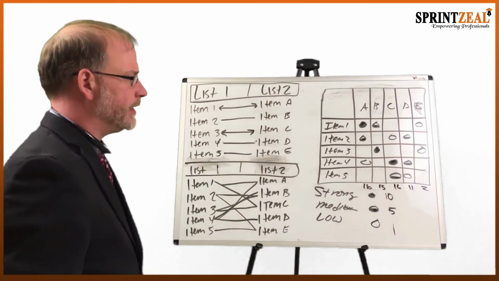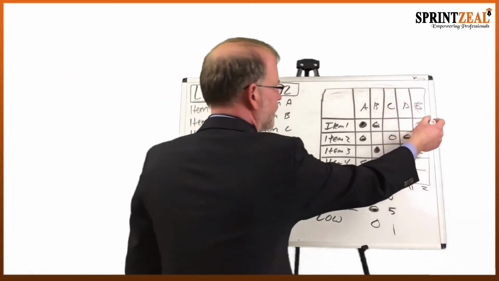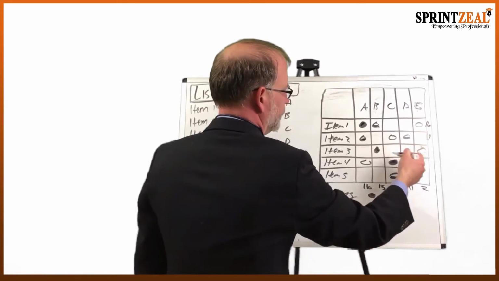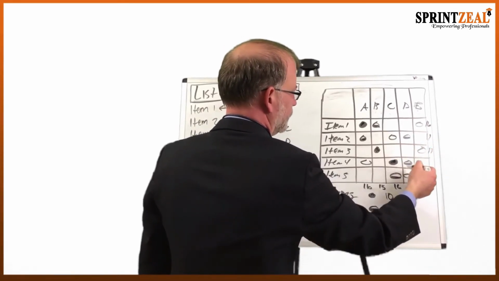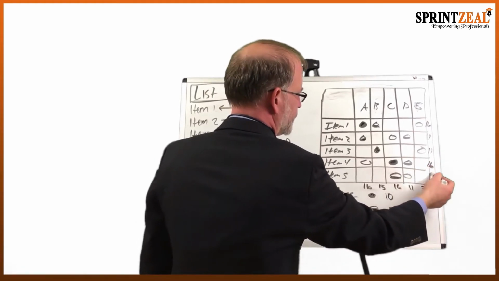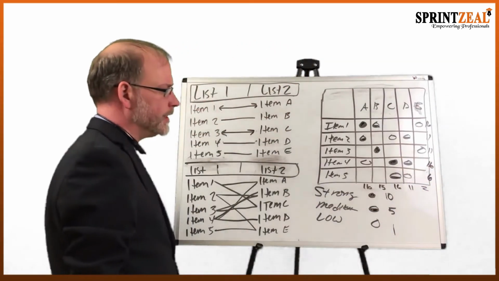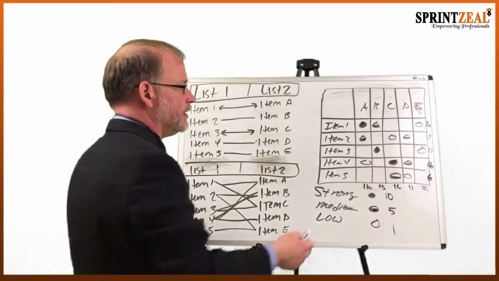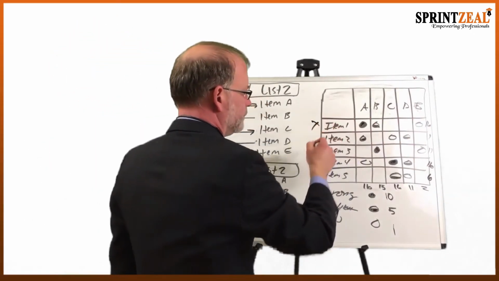I do the same thing to the other side. So I have 16 over here, I have 11 here, I have 11 here, I have 10, 15, 16 here, and I have 6 here. And then it's just deciding which ones have the biggest numbers. Well, this is a huge one.